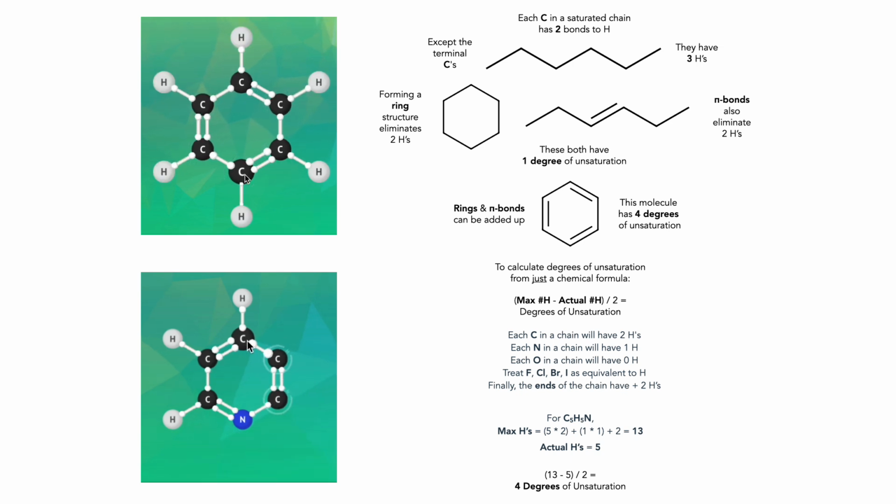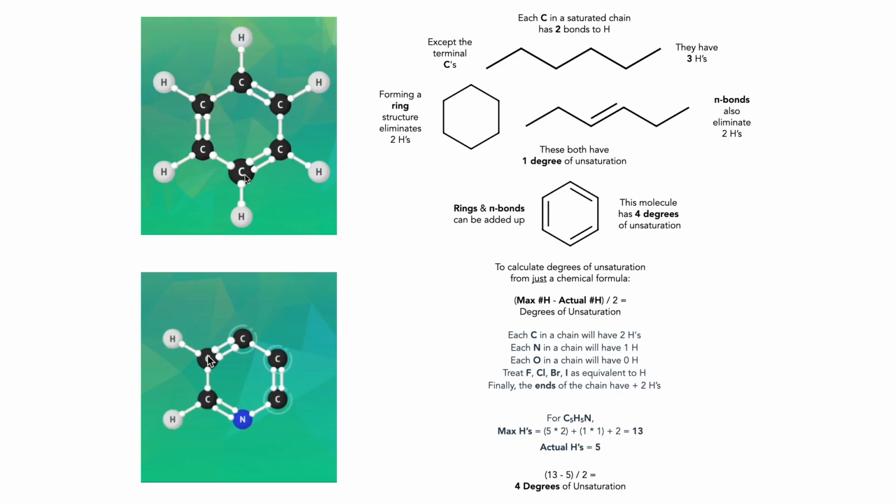So whenever we have a ring structure or we have the presence of a double bond, that is a pi bond, we would have what's called a degree of unsaturation, in which two hydrogen atoms would have to have been removed to form either the ring closure or the pi bond.